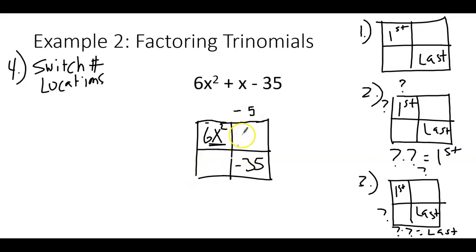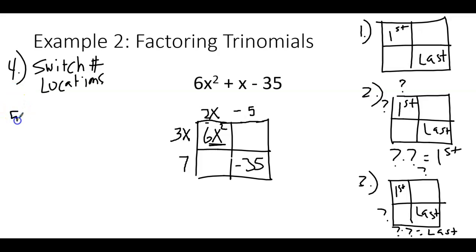I told you that it's pretty rare that they're going to ask you to ever use big numbers like 1 and 35. But in case you guys remember, how about we switch the numbers that we're using for 6x squared? How about instead of 6x and 1x, we actually try 3x and 2x?